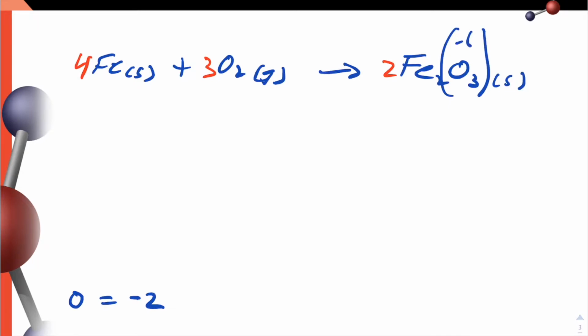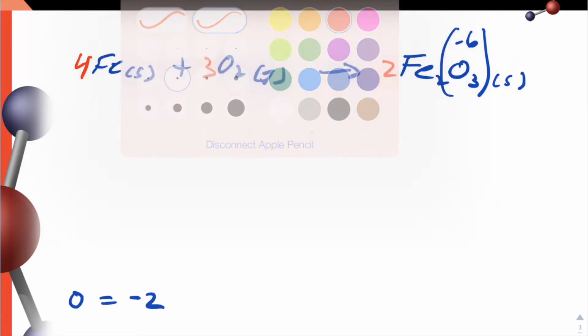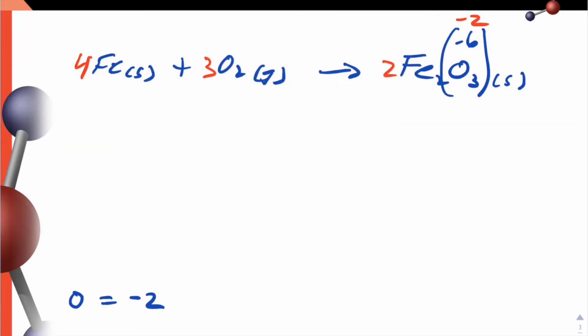So effectively, it's -6 here, which means each oxygen is -2. So we've got a total of -6 there. That means that iron must be +3 because there's 2 of those. Okay, don't worry about the 2 out in front of there, because that's multiplied by everything.